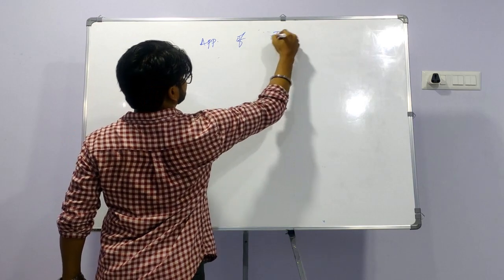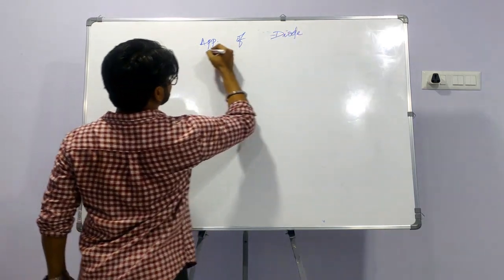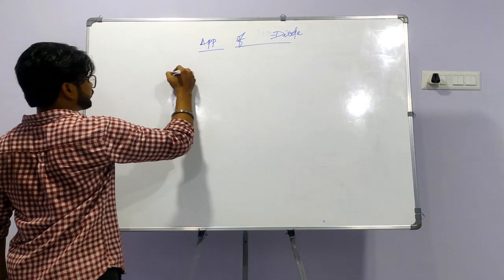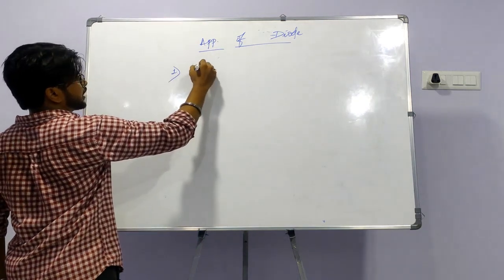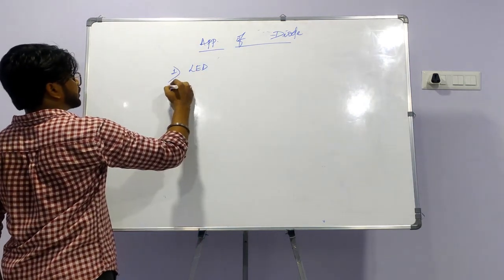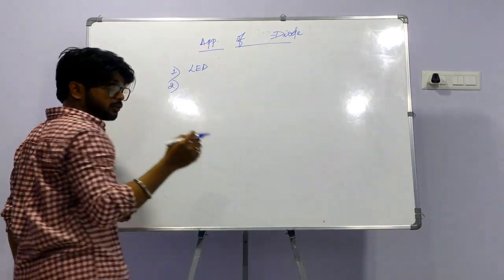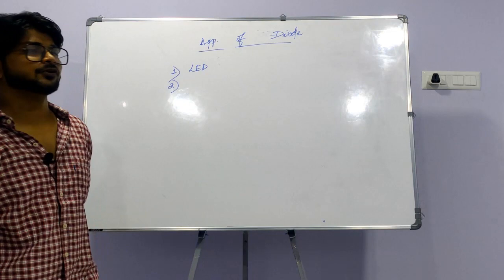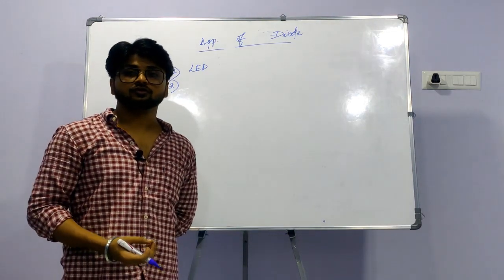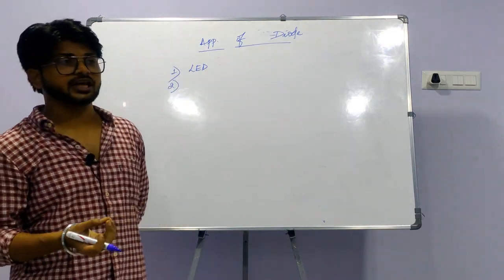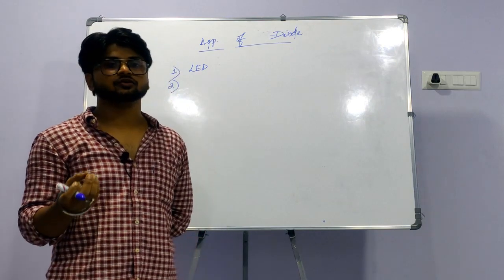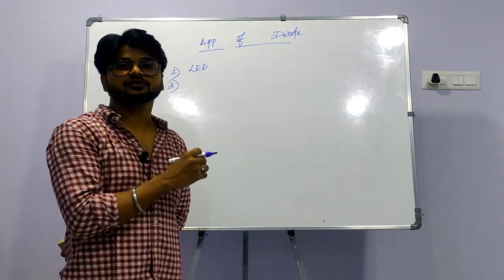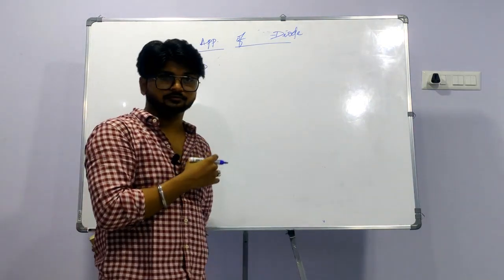In applications of diode, the first one is the LED, that is the light emitting diode. This elaborates the property of the diode by virtue of which it emits light when electrons recombine with the holes in a semiconductor.